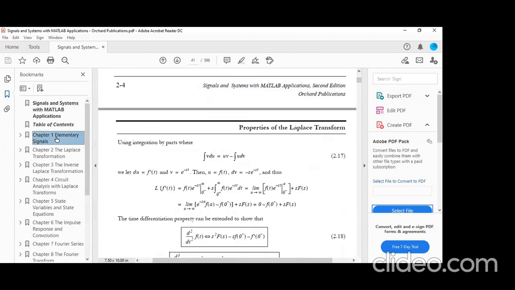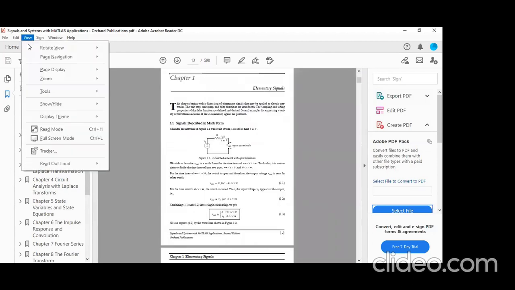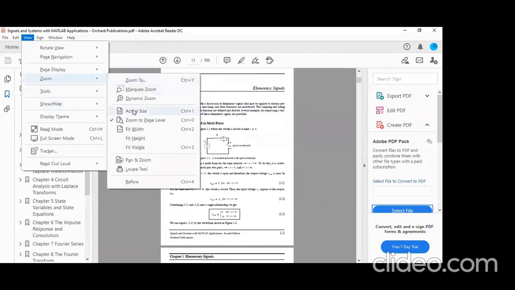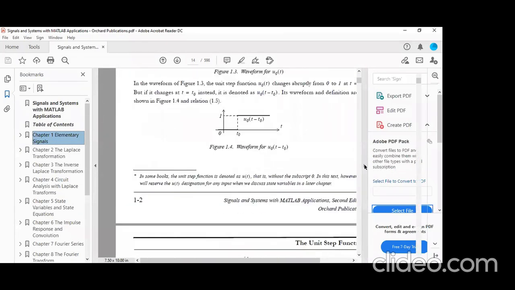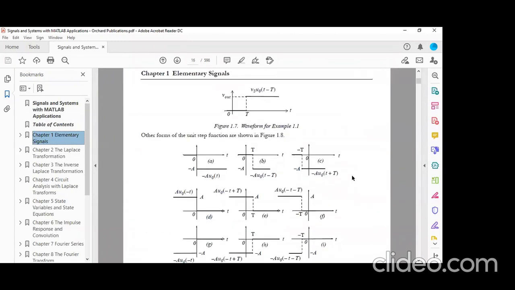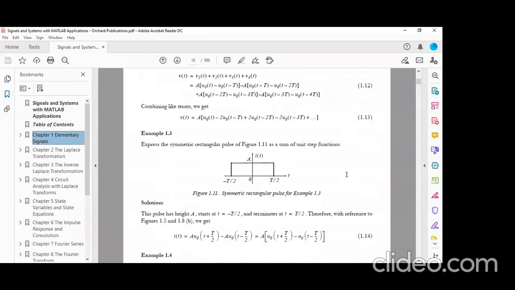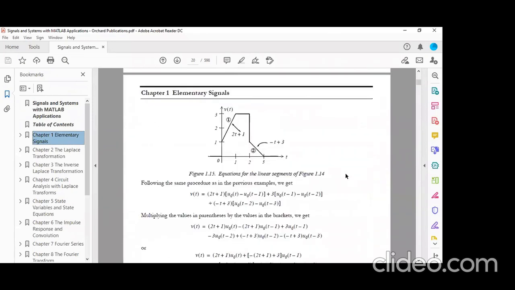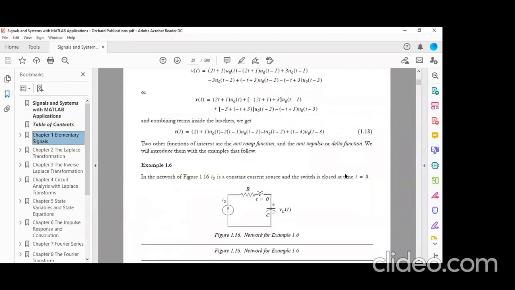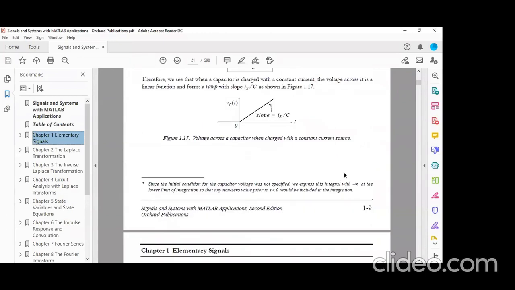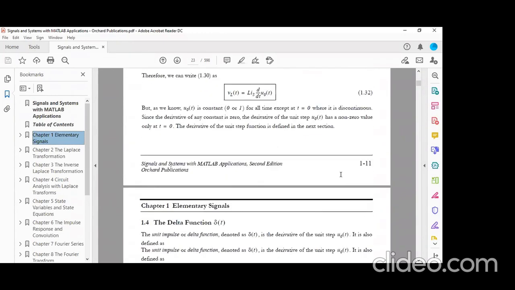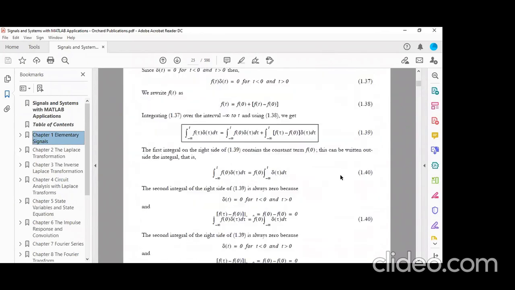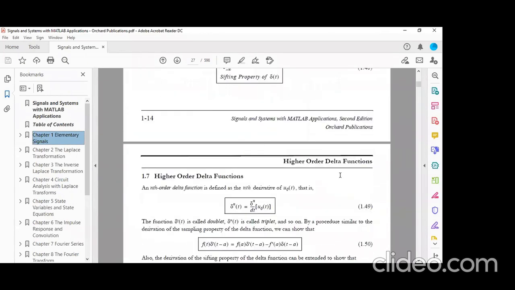Some of the things that I would like us to look at: the questions at the end of chapter 1, see if you can do them, and next week you bring them.